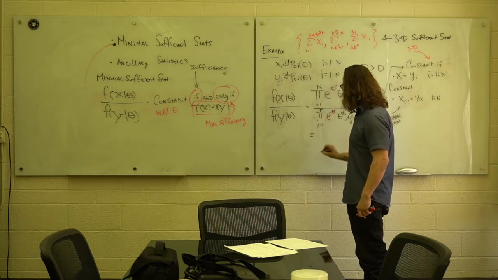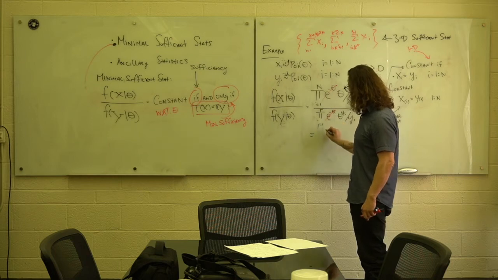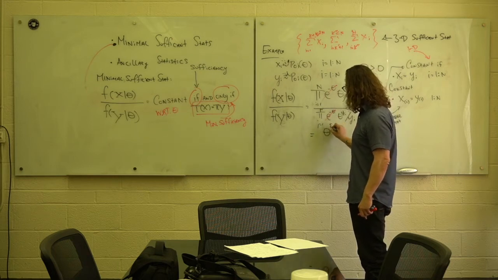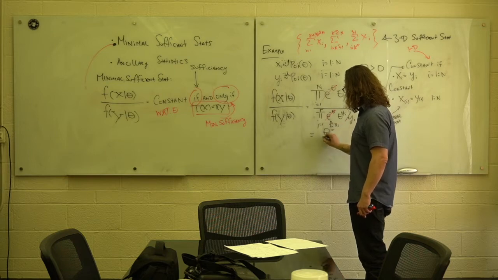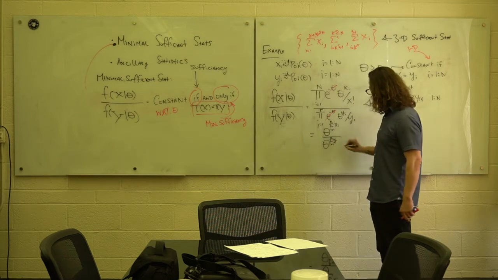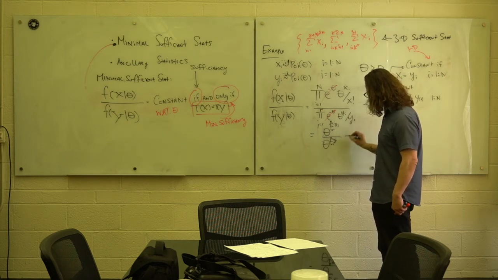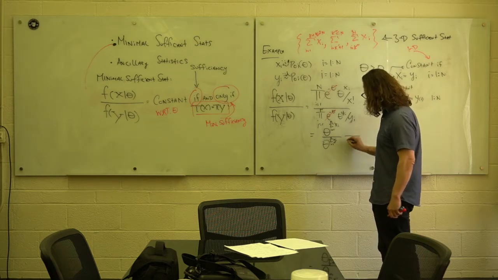So this will reduce to, I'll get rid of these, and I'll just have theta to the sum of the xi's, i equals 1 to n, over theta to the sum of the yi's, i goes from 1 to n. And I guess I can write it down like this. So this is going to be the product. Yeah, I'll flip them upside down.